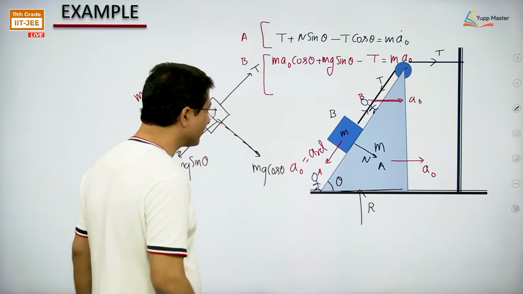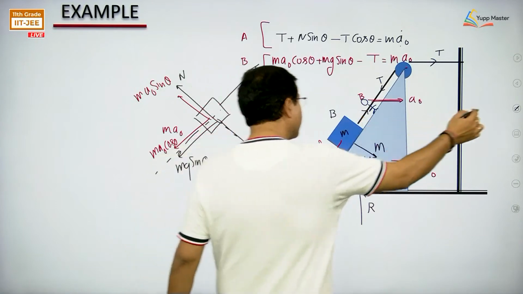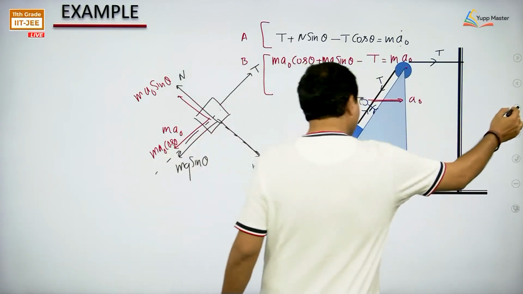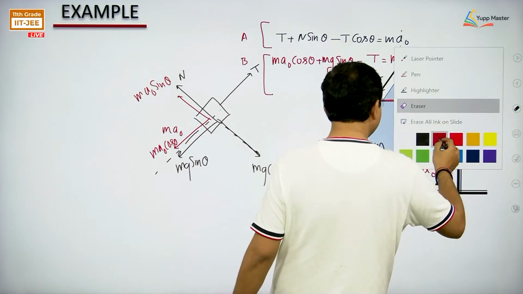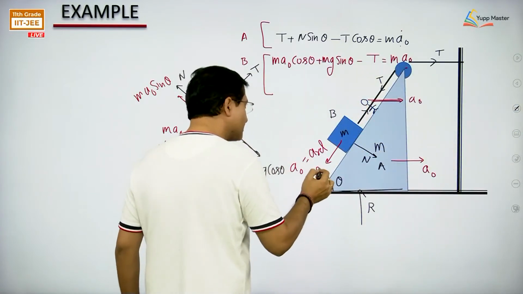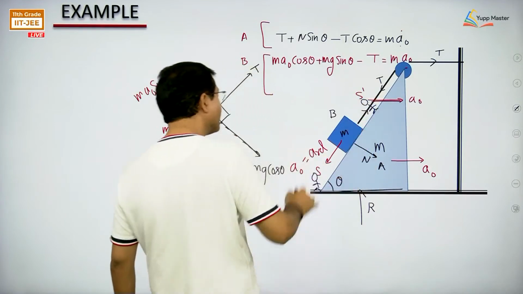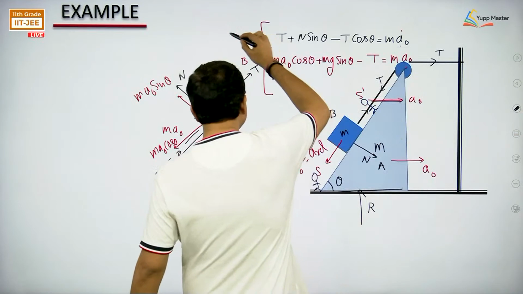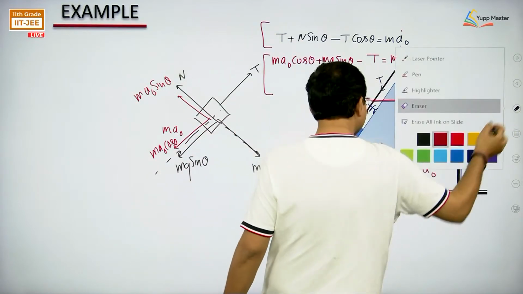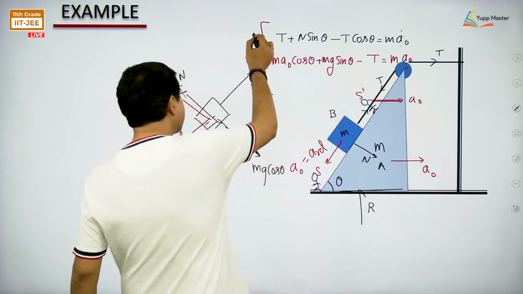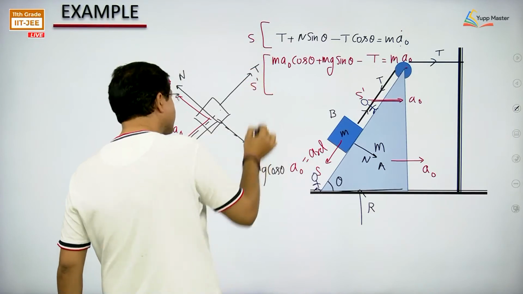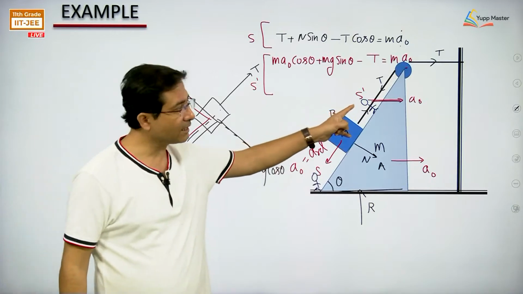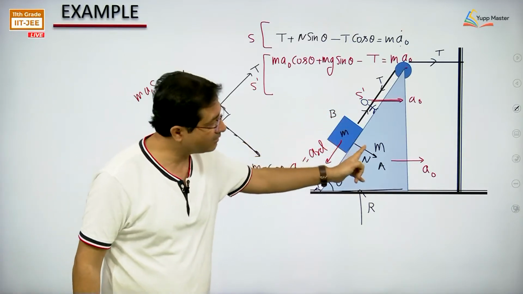Block also I am calling AB. Let's give different name. Instead of AB, let's call them S dash. So for frame S, I have already written equation, S over S dash I am writing. So same observer observes that block is not losing contact with the wedge.